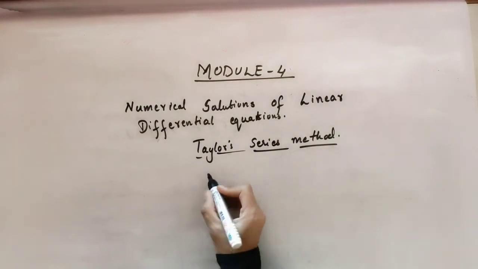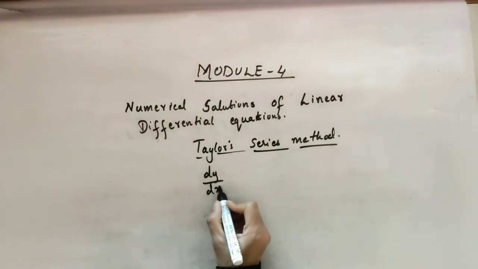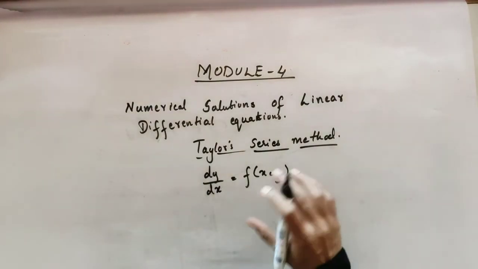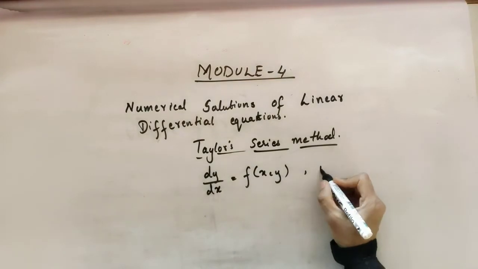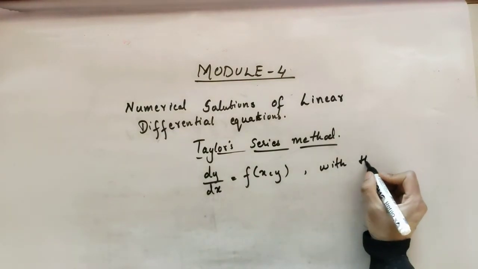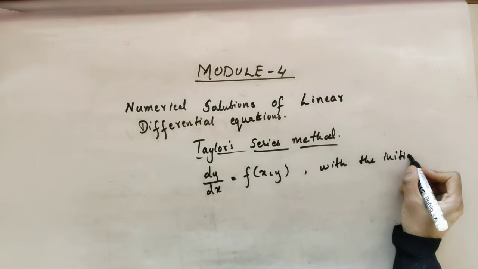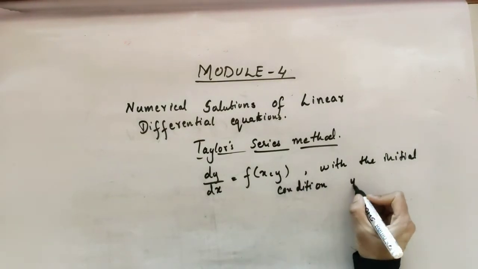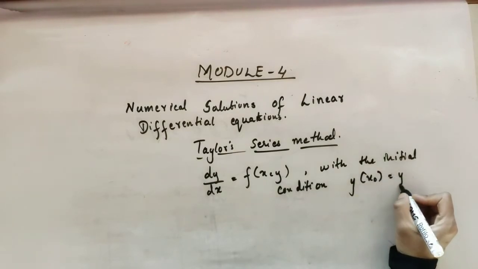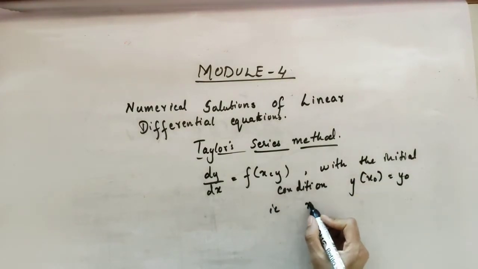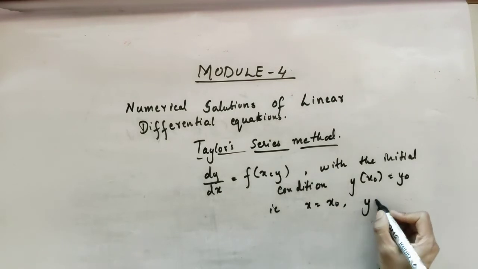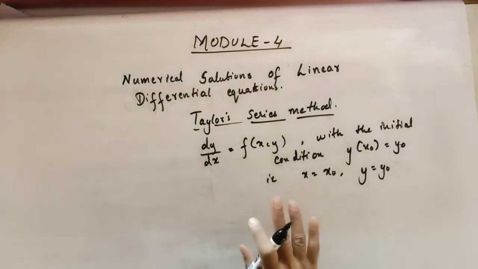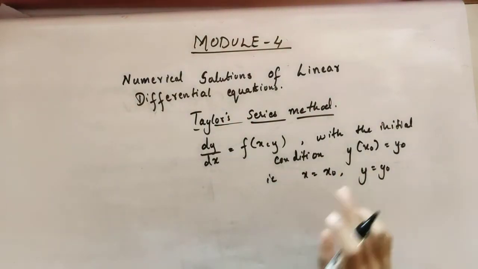For example, suppose you are given a differential equation dy by dx is equal to f of x, y, where f is some function of both x and y, with the initial condition y of x naught is equal to y naught. That is, initially x is taking the value x naught, and correspondingly y is taking the value y naught at that point. So this will be a differential equation given to you with the initial condition.